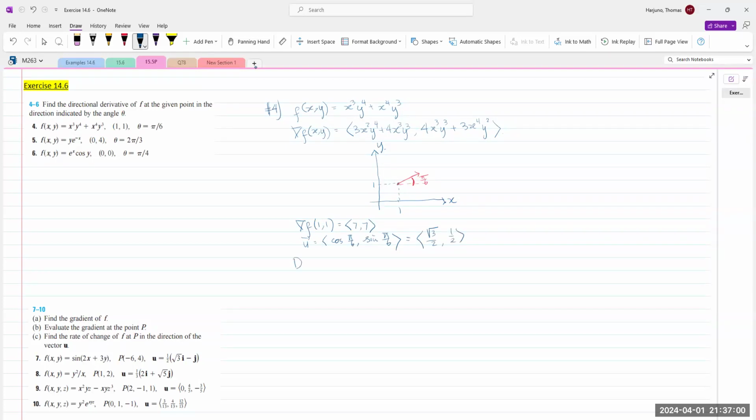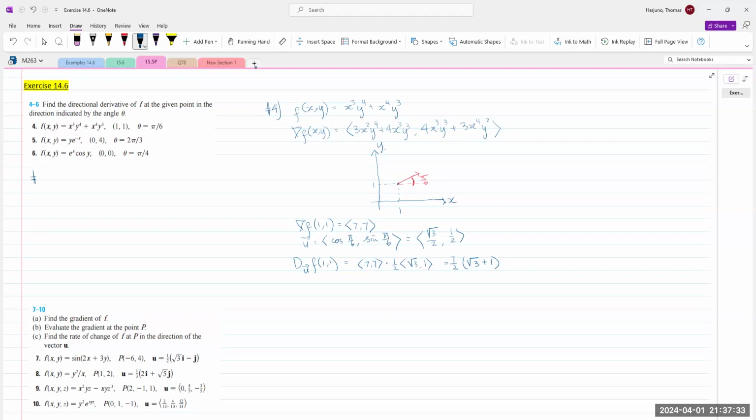So the directional derivative in the u direction of f at 1, 1 will be 7 dot 1/2 times radical 3, 1. That will be 7/2 radical 3 plus 1. Okay, that's for number 4.